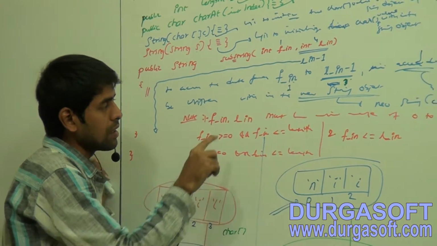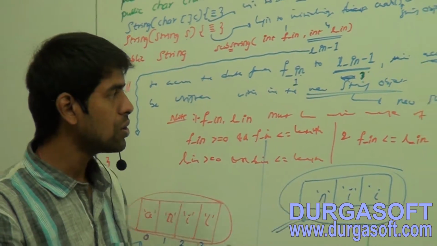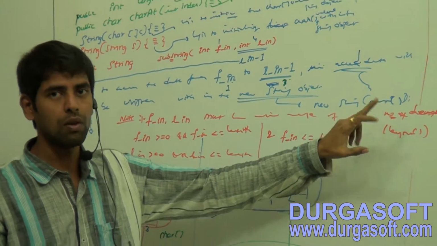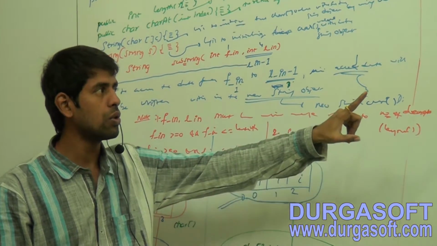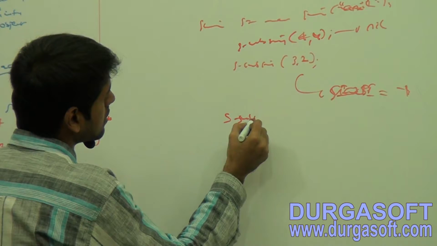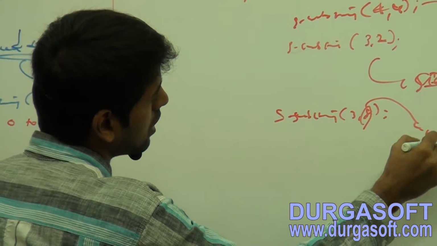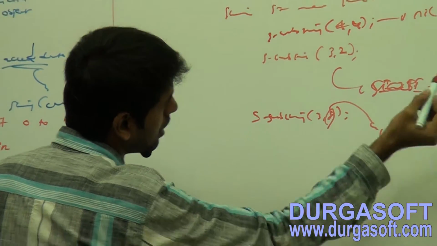These two values must be within the range of 0 to the number of elements. I have shown you one proof. What is the proof for that? s.substring(3, 8) will give string index out of bounds exception 8.